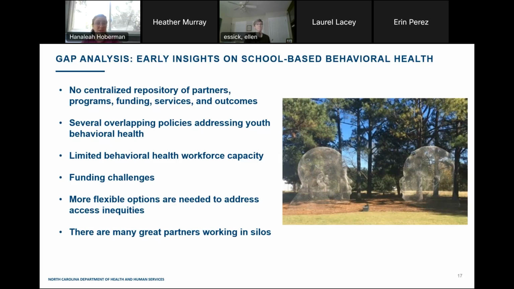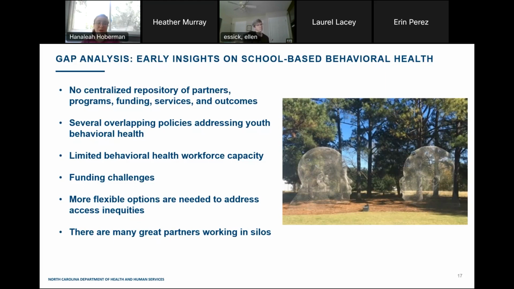These interventions cost money, and we had to figure out how we were going to get that money. We also heard that we needed flexible options, things that could address needs at the local level, meet districts where they were, and recognize the differences between the different types of districts across the state and their different student bodies, behavioral health resources, and the cultural settings in which they work.